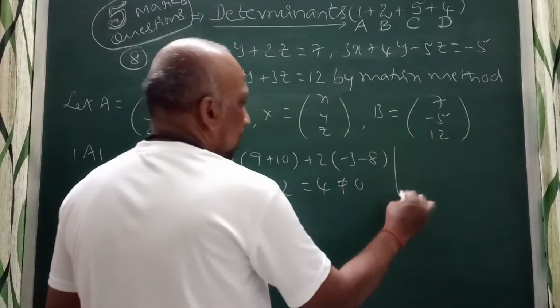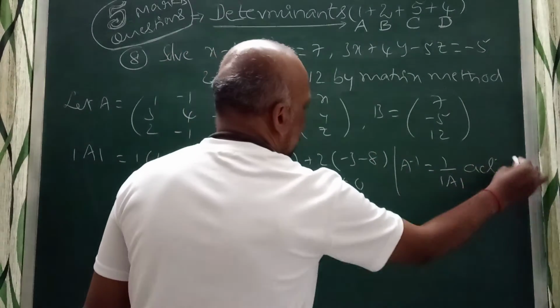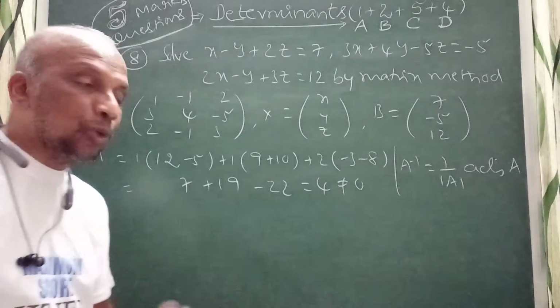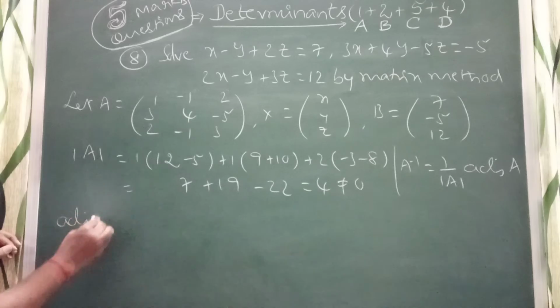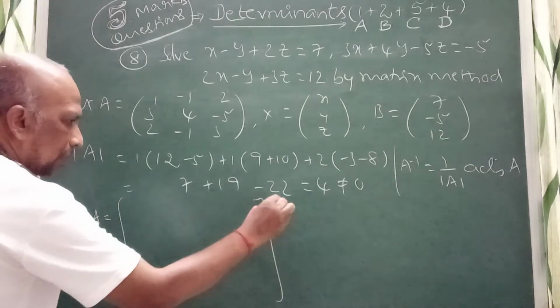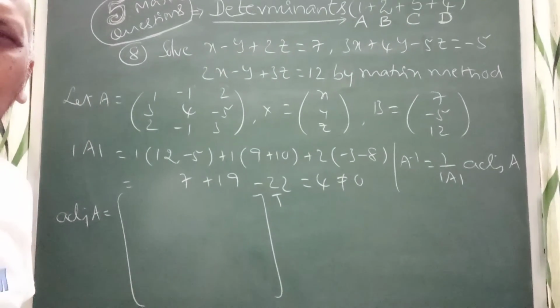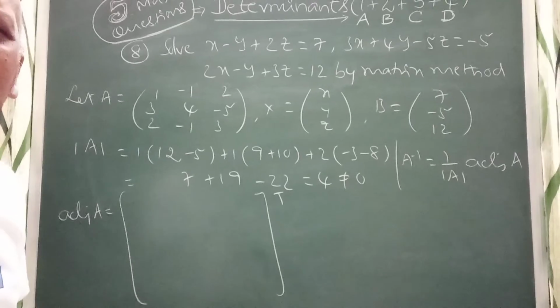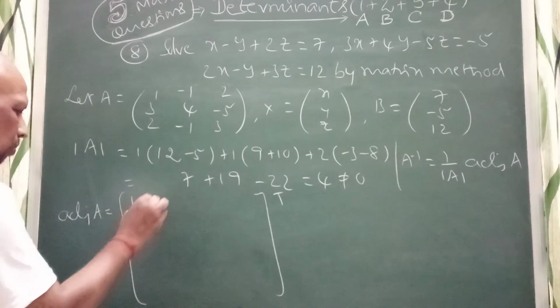Why? Because A inverse is required: 1 by det A into adjoint A. Then I am trying to find adjoint A. Remember the transpose. Now I am going to write the cofactor matrix. You see, I have written it like this.